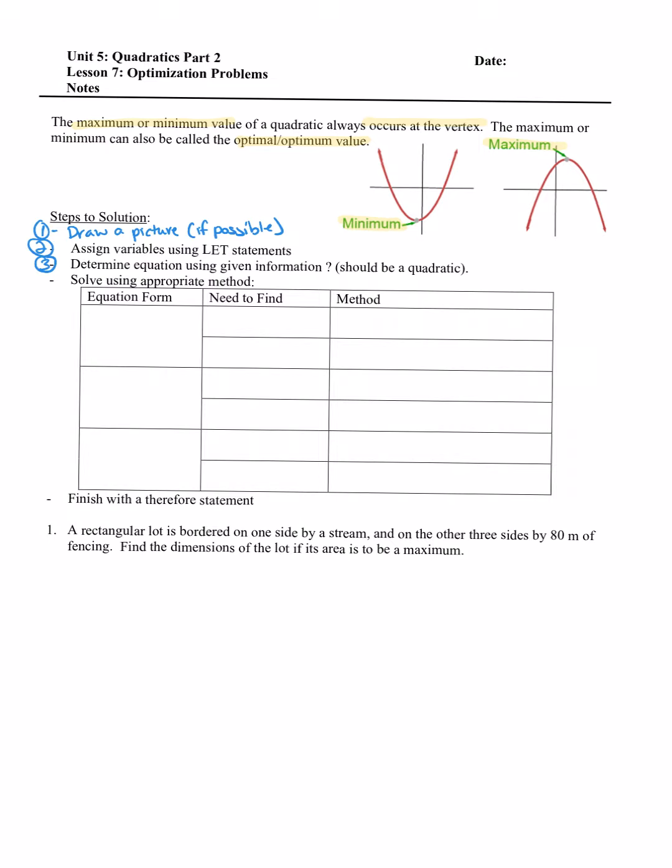Depending on what form we get these equations in, we'll talk about what method we should use to solve for them. So we know there's three forms of our quadratic that we've learned: standard form, factored form, and vertex form.